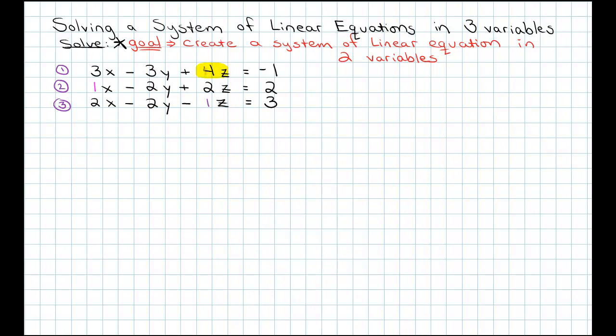I've got a positive 4z and a positive 2z. So the way to cancel those z terms out is I'm going to have to multiply equation number 2 by a negative 2. So let me go ahead and write that in here. I'm going to set a parentheses here, and I'm going to make sure I multiply every term in the equation by a negative 2. Multiply, multiply, multiply, multiply.